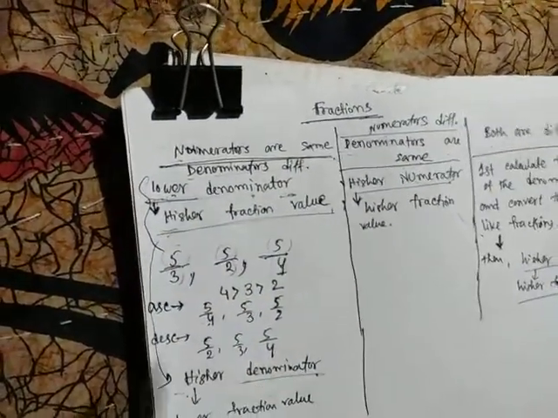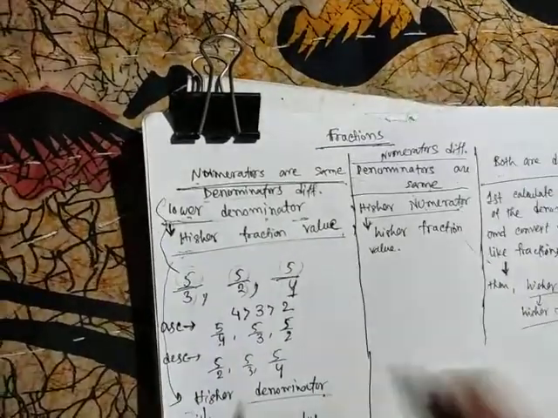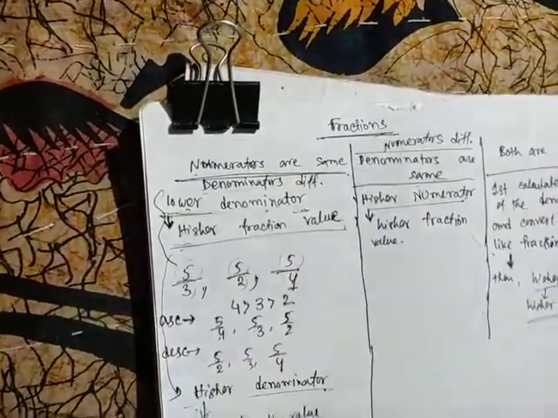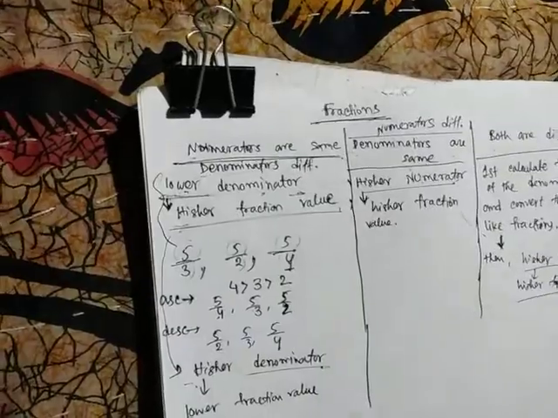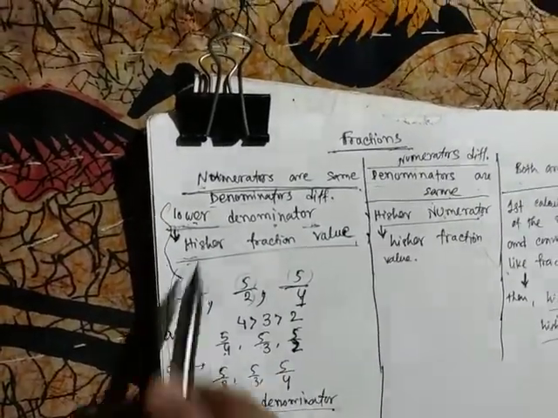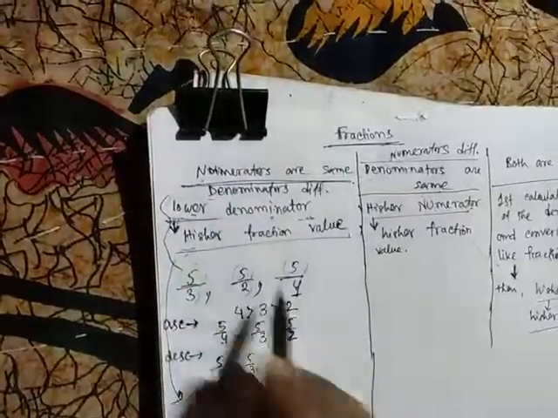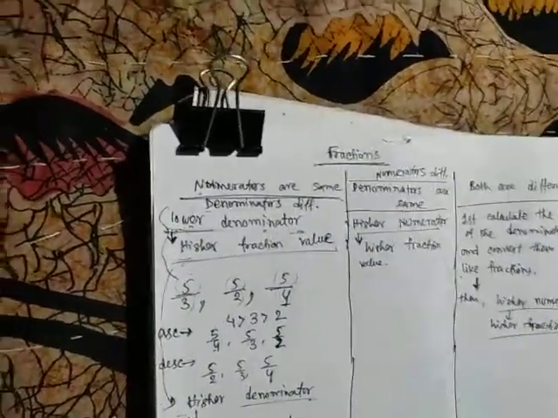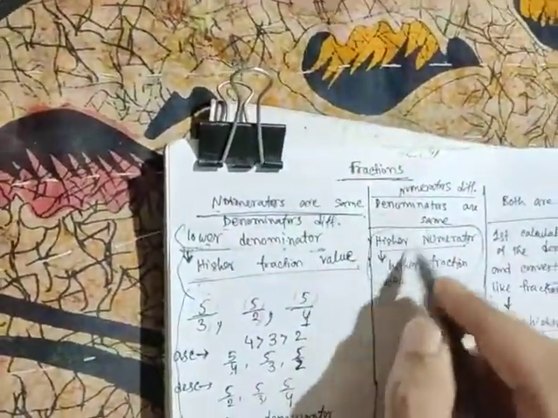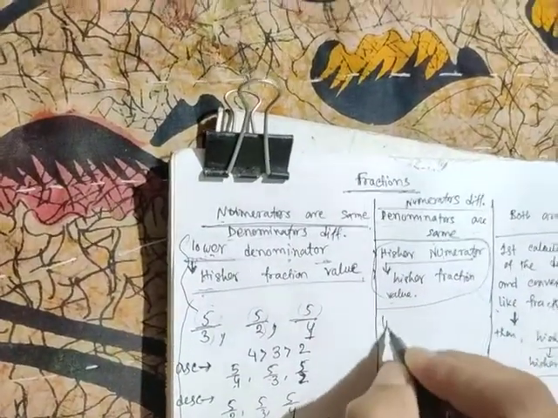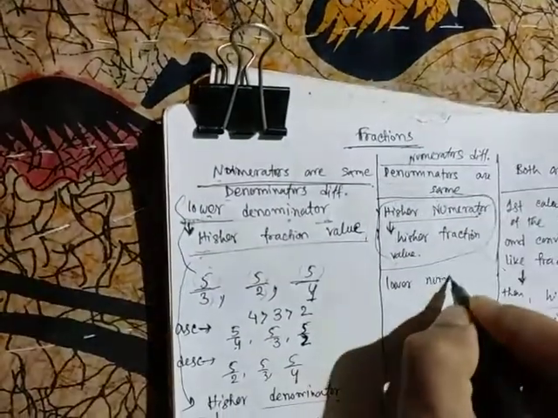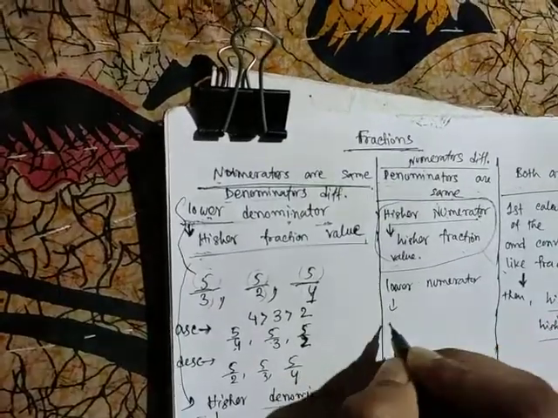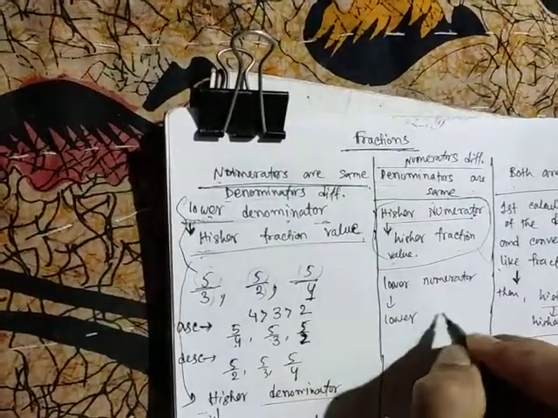Ascending order means lowest to highest: 5 upon 4, then 5 upon 3, because 3 is greater than 2, and 2 is the lowest denominator, so this fraction has the highest value. Similarly, we can also say higher numerator means higher fraction, lower numerator means lower fraction value.